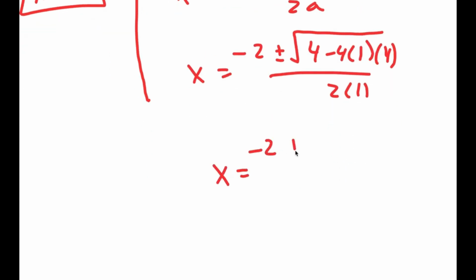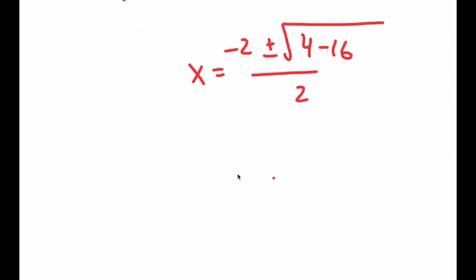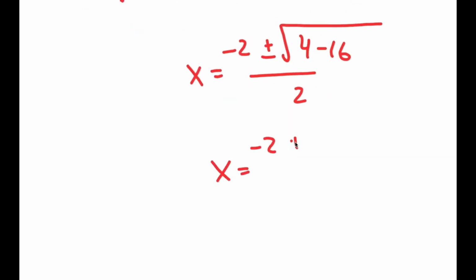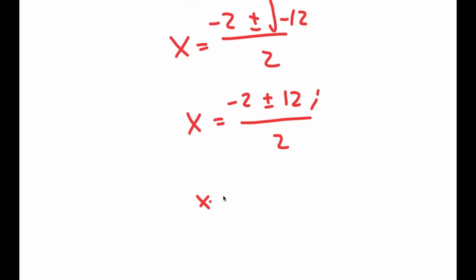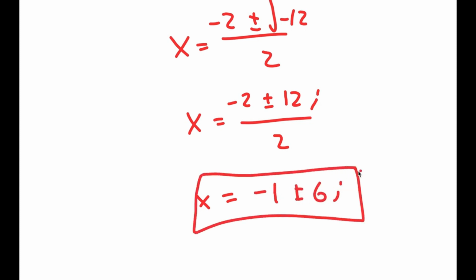And this turns into negative 2 plus or minus the square root of 4 minus 16 over 2, which is equal to negative 2 plus or minus the square root of negative 12 over 2, which is equal to negative 2 plus or minus 2√3 i over 2, which is equal to negative 1 plus or minus √3 i. So these are the two more solutions to this equation.